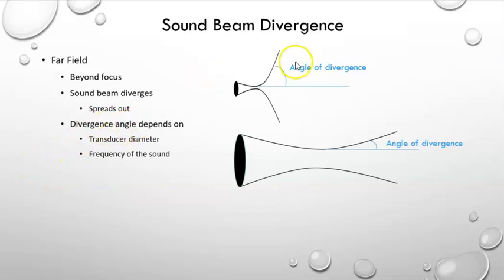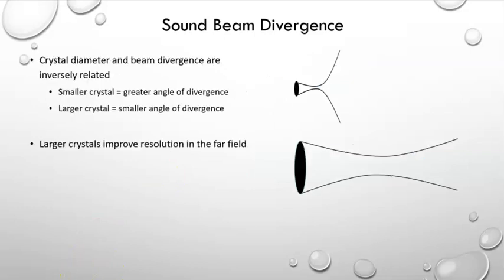What does this divergence angle depend on? Both the transducer diameter and the frequency of sound. So crystal diameter and beam divergence are inversely related.